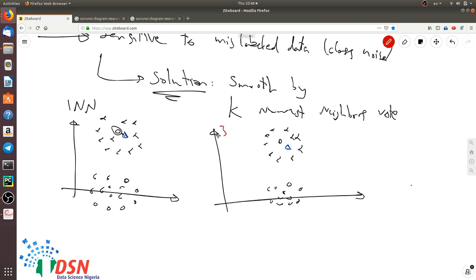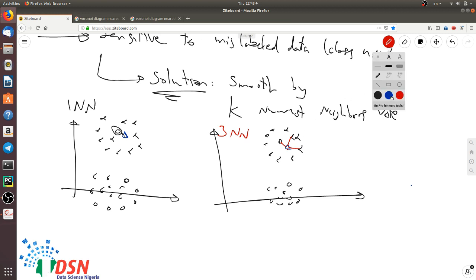Now if we use 3NN, we first calculate the 3 closest points to the test data point, which is this one, and probably this one.